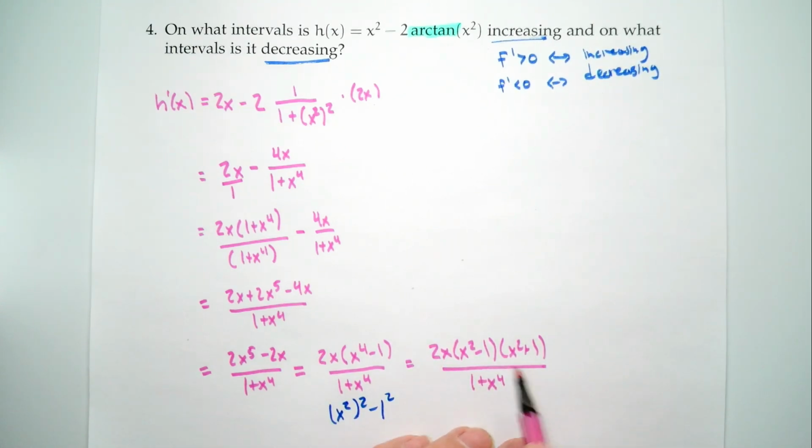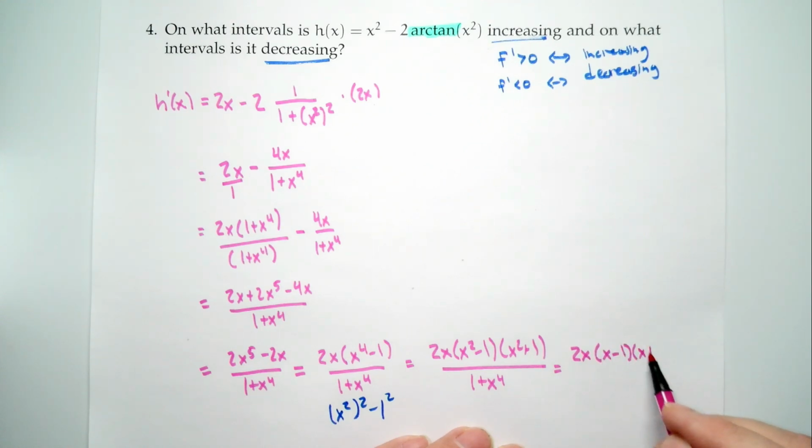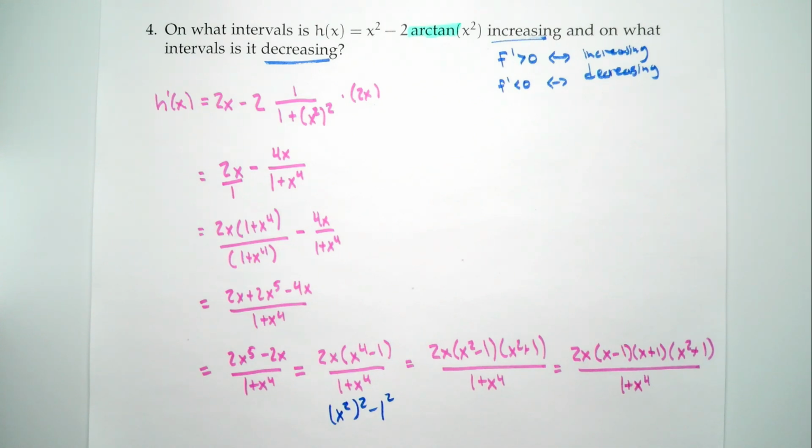And we can go one step further, because now x squared minus 1, that really is a difference of squares. So that's 2x times x minus 1, x plus 1, x squared plus 1, divided by 1 plus x to the fourth. Okay, we took the derivative and we simplified it as much as we could.